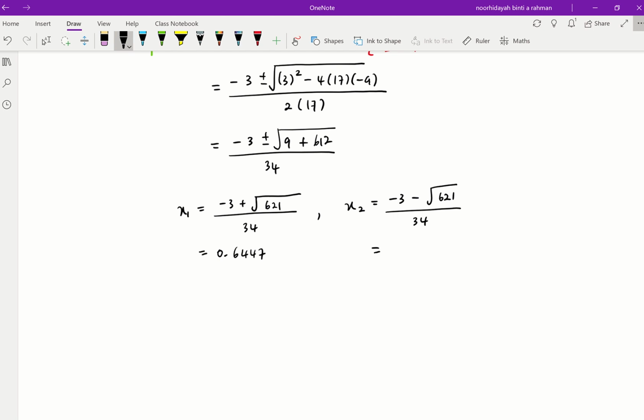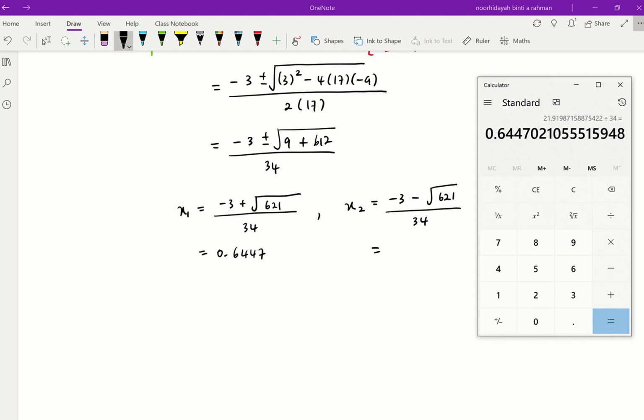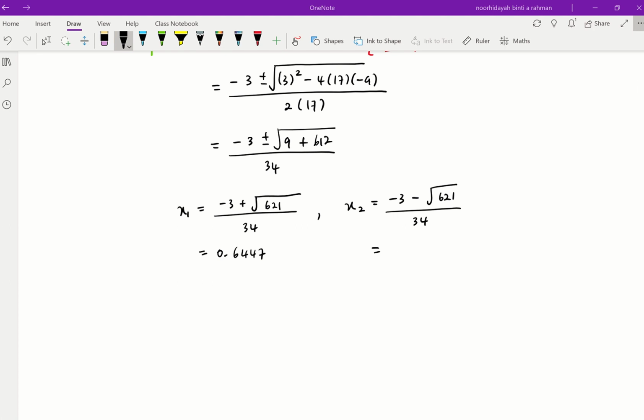And for this one, negative 3 minus the square root of 621, over 34, gives negative 0.8212.